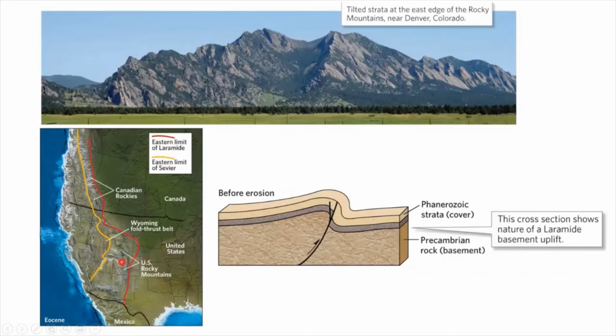And at the end of the Cretaceous, deformation started to shift eastward in the U.S. during the Laramide orogeny, moving from the Sevier fold-thrust belt over to the Rocky Mountains. And the end result was the Laramide orogeny during the Eocene about 40 million years ago.